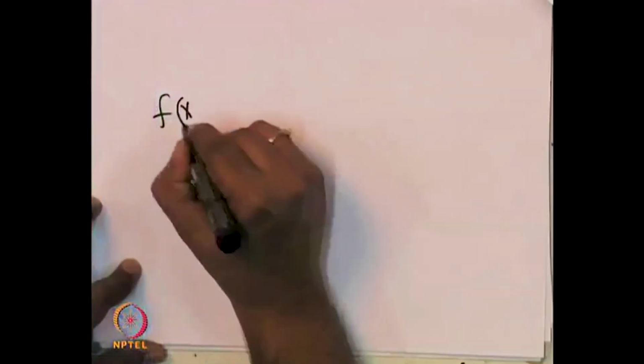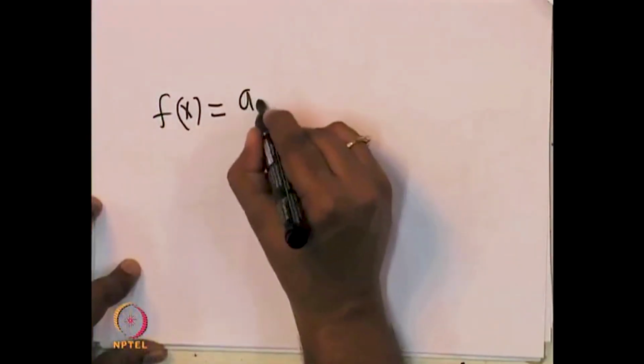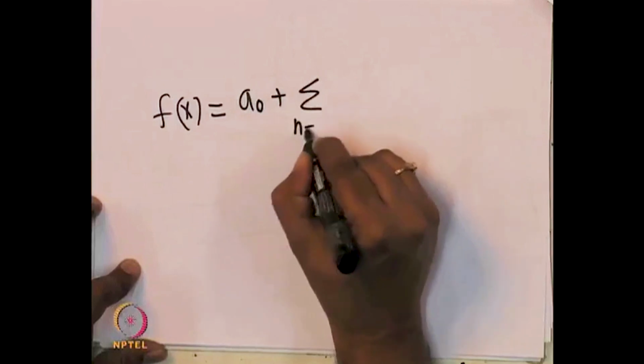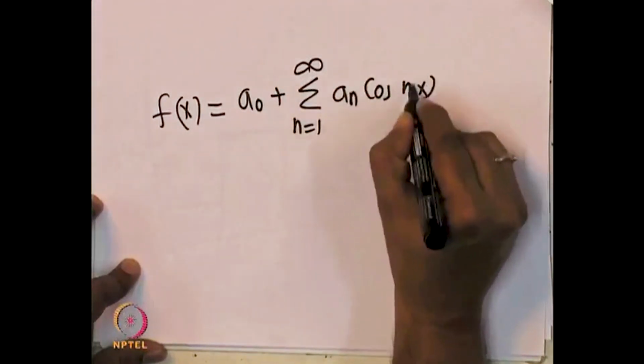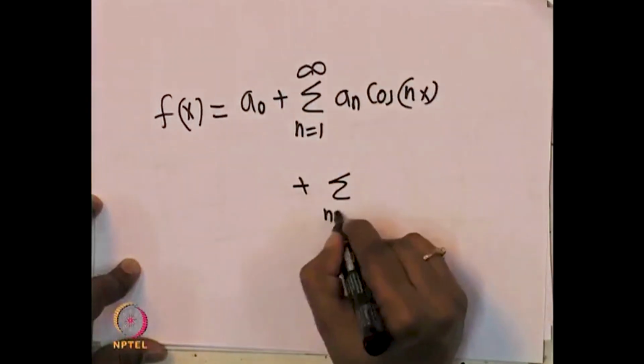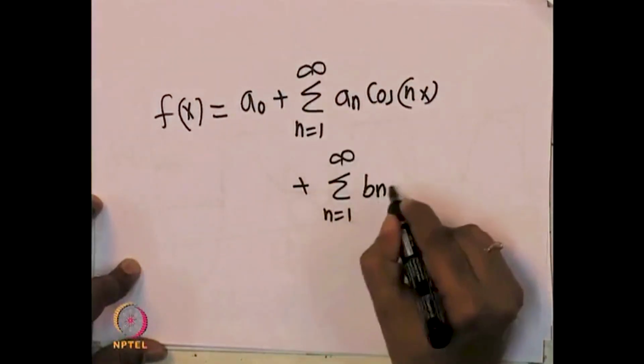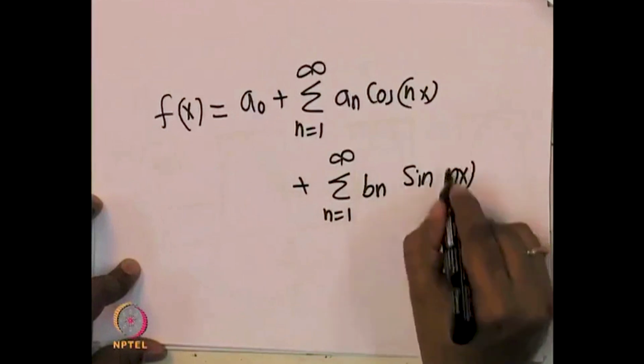Okay. So, now if you know this is f of x, as we defined previously, we can find out a n and b n, and if you know a n and b n, we can write f of x as a 0 plus the sum over n equal to 1 to infinity of a n cos n x plus the sum over n equal to 1 to infinity of b n sin n x.